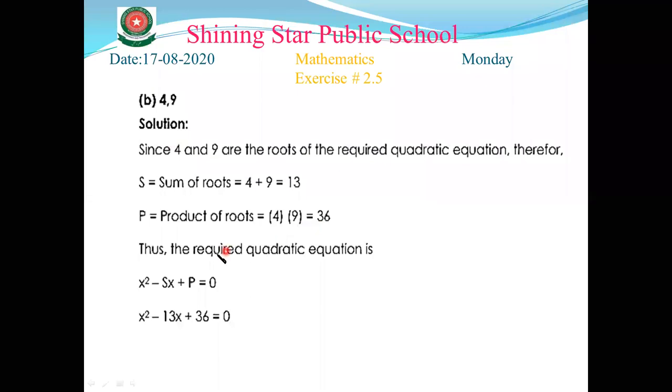So the required quadratic equation is x square minus sx plus p, where s is 13 and p is 36. So we replace the values and we will get x square minus 13x plus 36 equal to 0, which is your required quadratic equation.